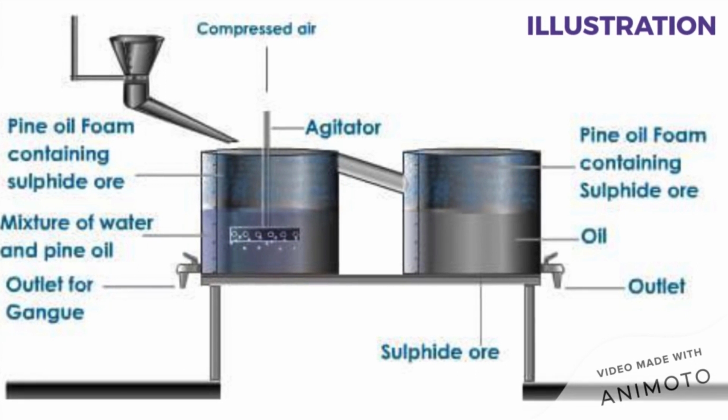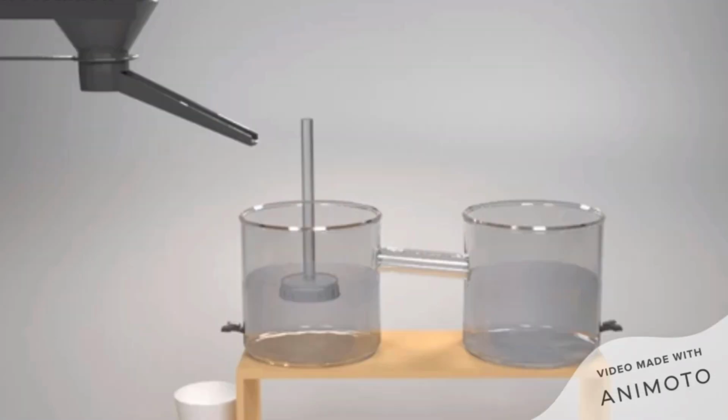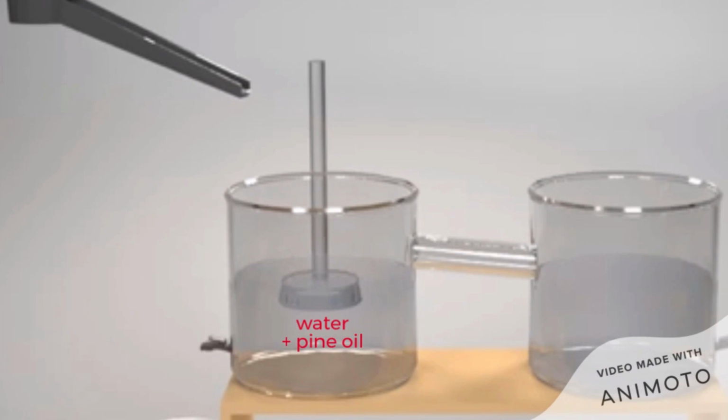In order to give a clear view, this illustration will show how it actually works. In this process, the tank is filled with water and pine oil as a frothing agent. This involves a wettability principle in order to get the ore separation.